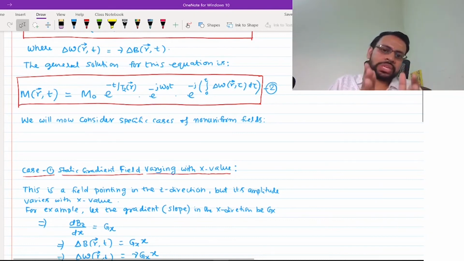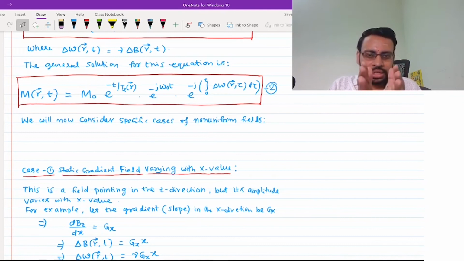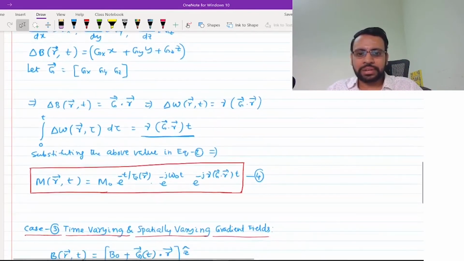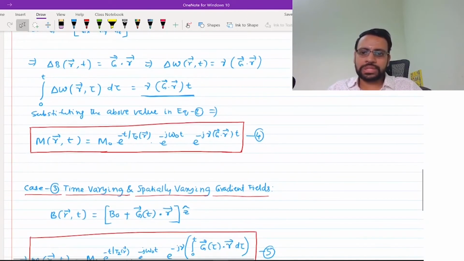As you could see, the function inside this integral is independent of time, so it will just be multiplied with time once you integrate. So that's what you are getting here, gamma times g bar dot r bar into t. So that's the equation now, M naught into e power minus j, the same thing; the rest is the same as the earlier one.